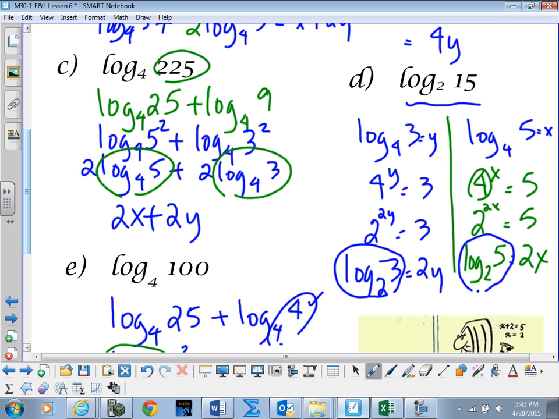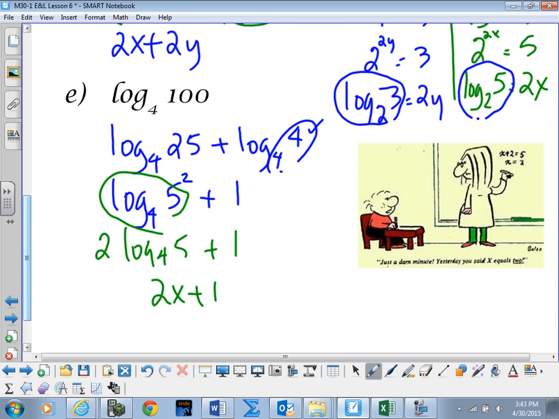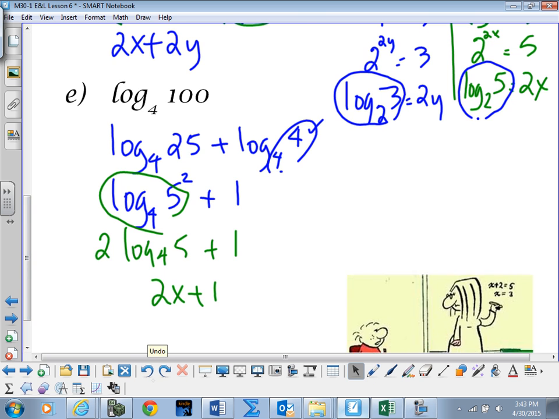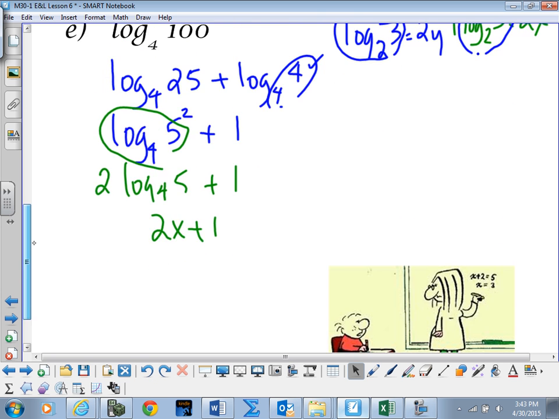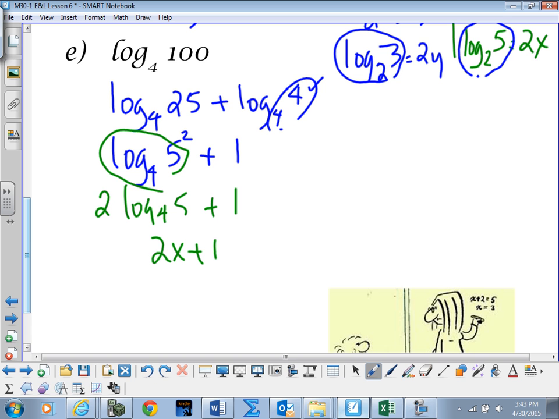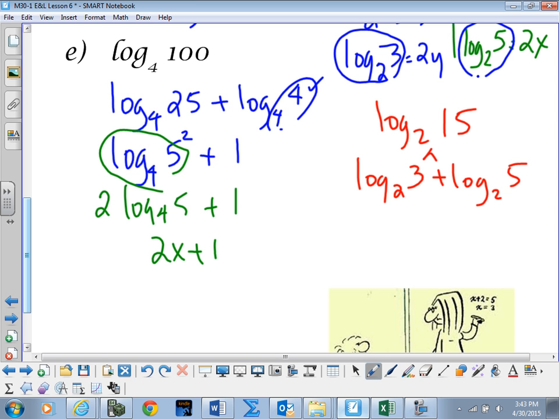Now we can break up the log base 2 of 15. Log base 2 of 15 is equivalent to log base 2 of 3 plus log base 2 of 5, because 15 is 3 times 5.